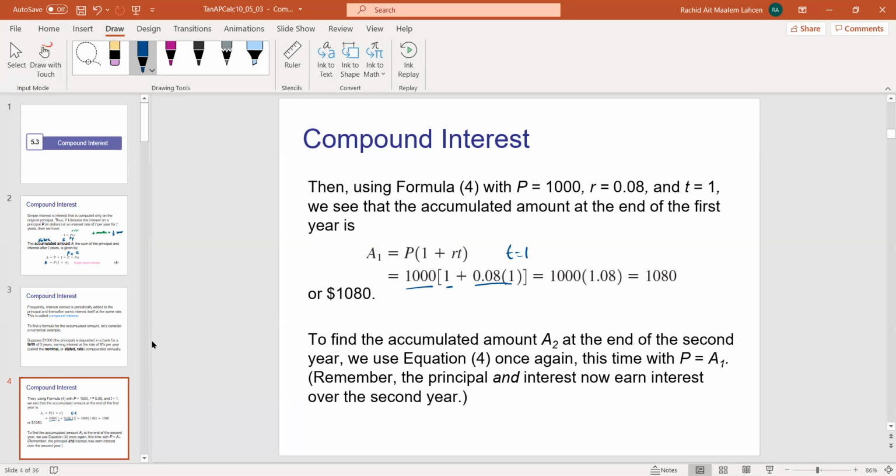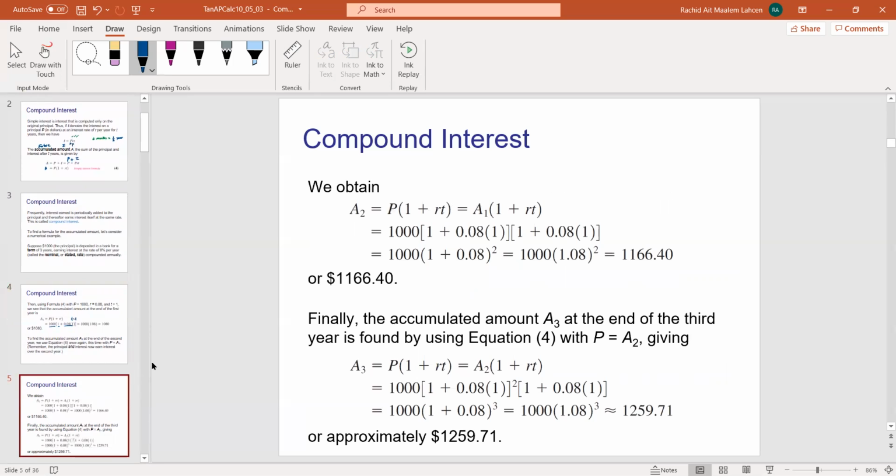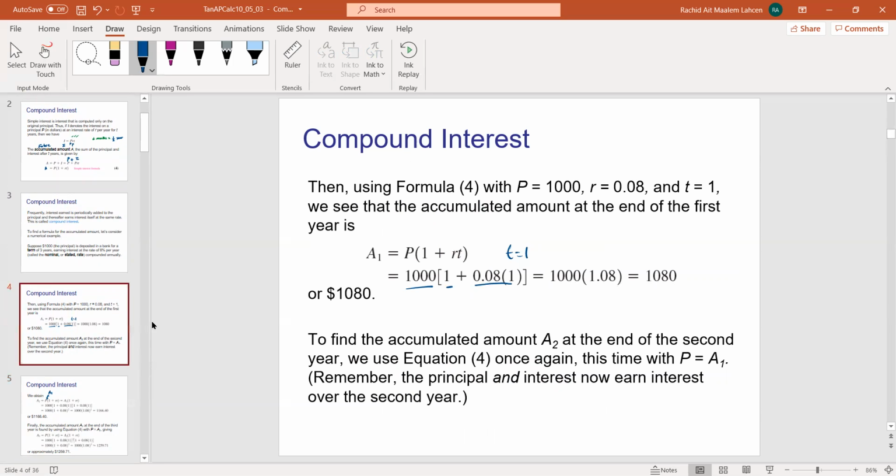Now, for the second year, if this is compounded, then it's going to start again. So we have A2 equal the principal. But remember, the principal now, after the first year, became A1. So we started with P. Now the accumulated amount is A1.